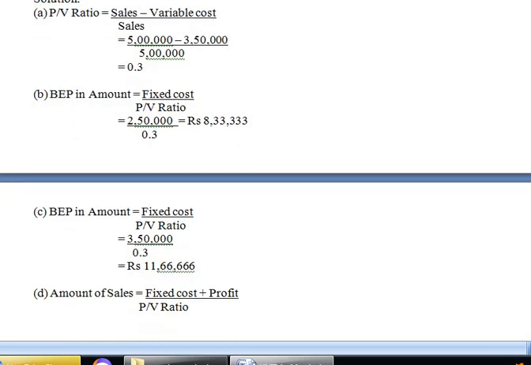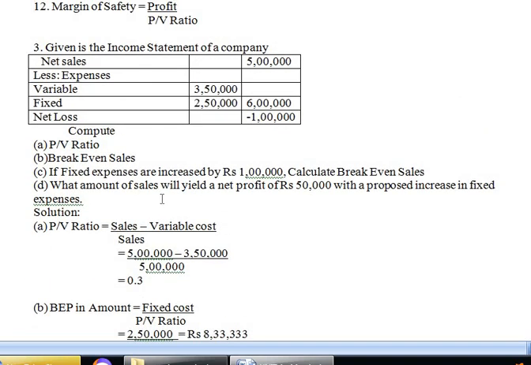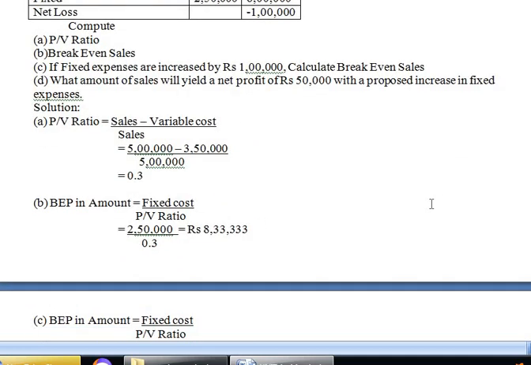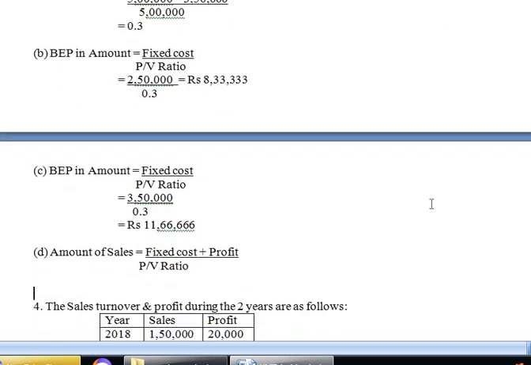Now next is what they have asked. What amount of sales will yield a net profit of rupees 50,000 with a proposed increase in fixed expenses? It means we need to find out sales when we can earn profit of 50,000 if we increase the fixed expenses.